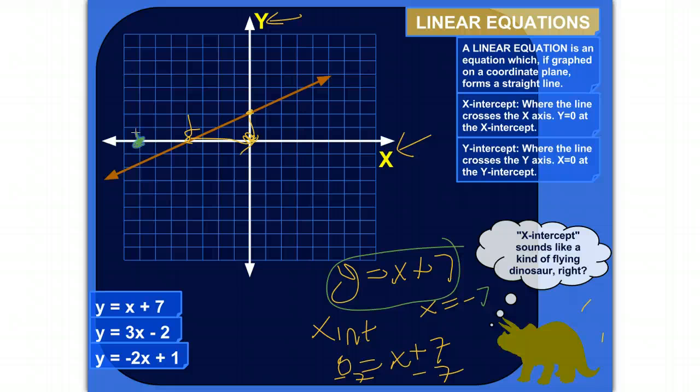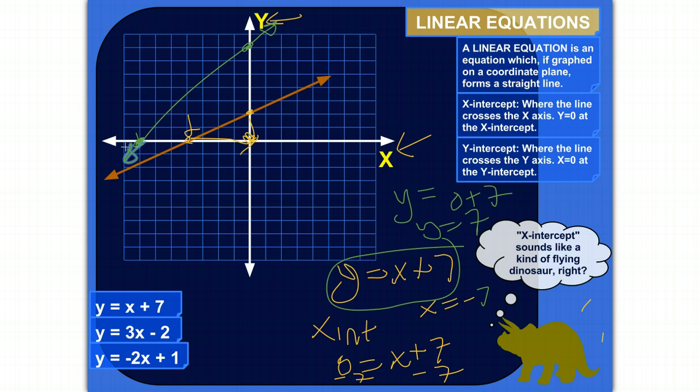So y equals 0 plus 7, which means y is equal to 7. So when x is 0, y is 7: 1, 2, 3, 4, 5, 6, 7. That's the y-intercept. Now that I've got 2 points, I can just connect them, and I've got my line. Boom. And that line goes on forever in both directions.